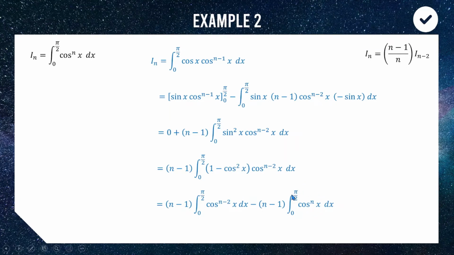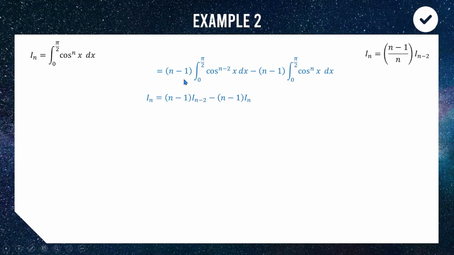So it looks like we've made it more complicated, except now we have two integrals that are only involving cos, which was the definition of our integral with a base of n. So we can now write these in terms of our original notation. On the end here, we have I n, and in the middle here, we have I n minus 2, which is what we were trying to get at the target.